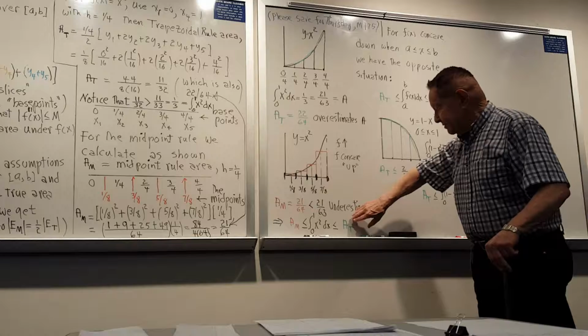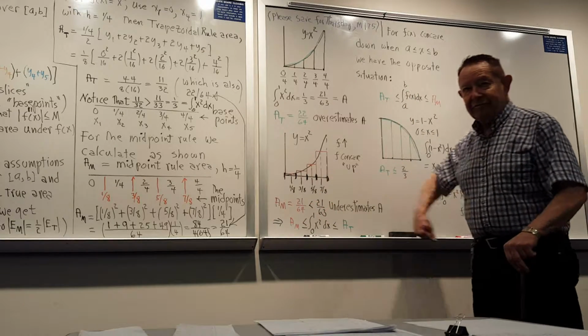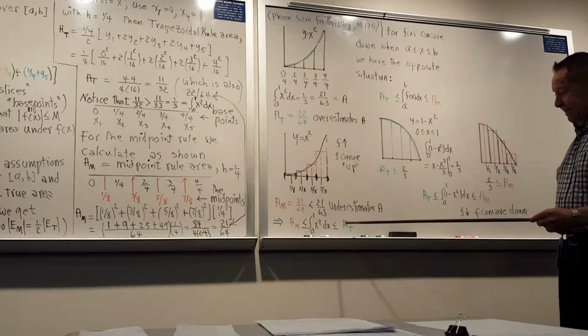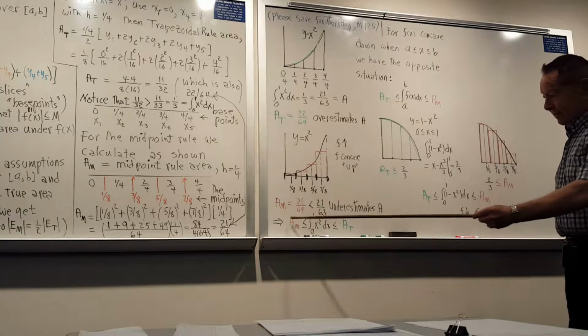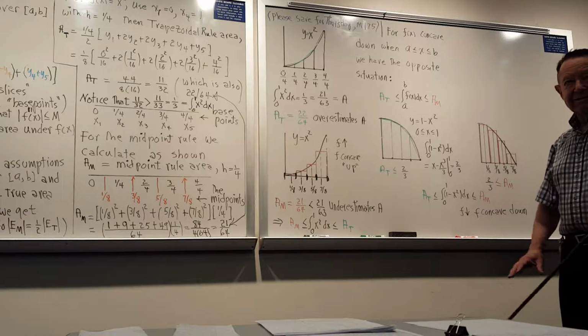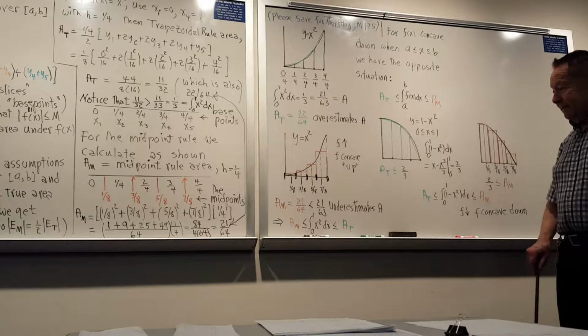And these are not terribly far off, but when you have a curve like this, these are not exact, whereas, of course, the integral is, if you can do it.